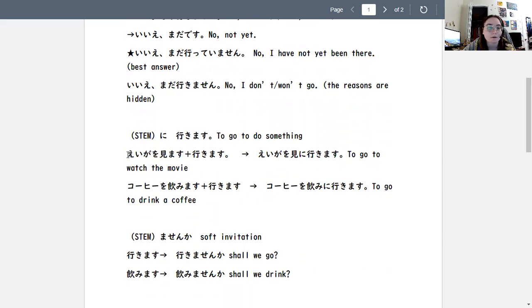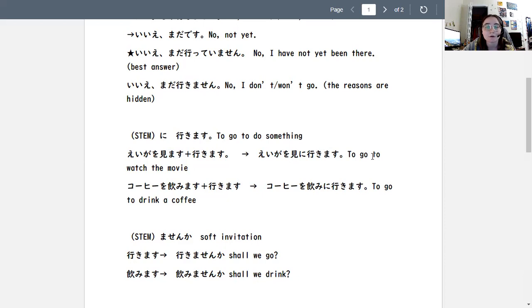So you go see a movie. So remember, mimasu is to see. So go see a movie plus ikimasu, which is to go. So eiga o mi, you're going to drop the mas. So mi ni, because remember stem ni ikimasu. So eiga o mi ni ikimasu.